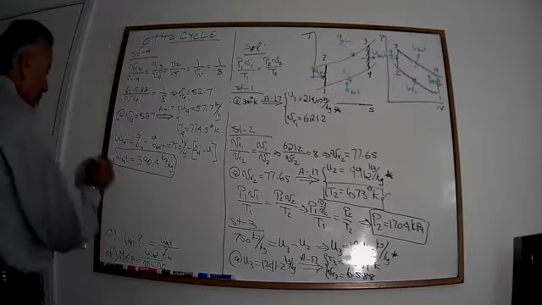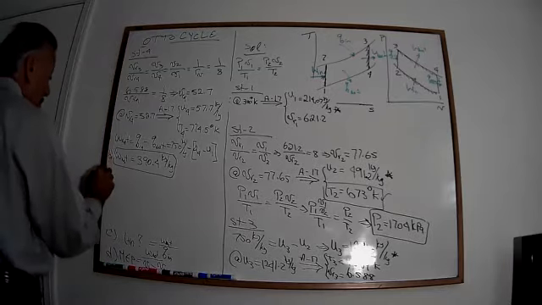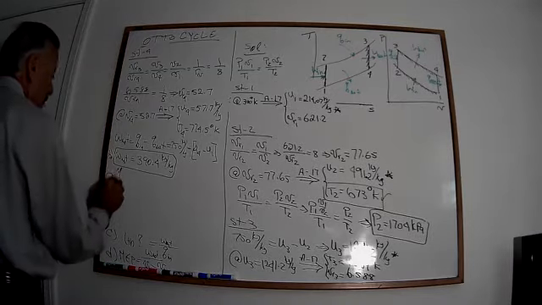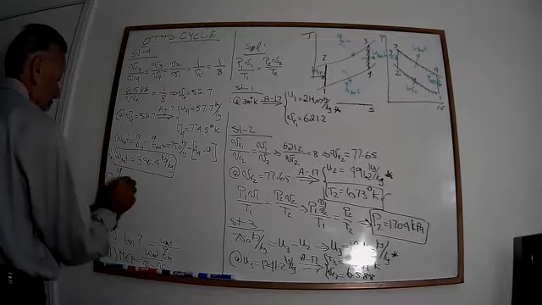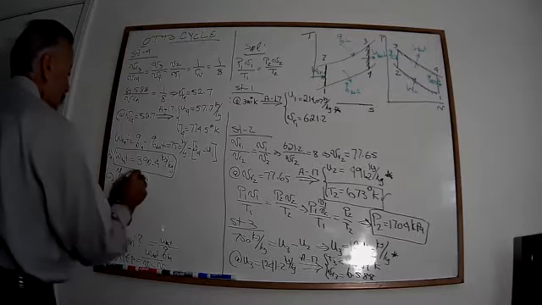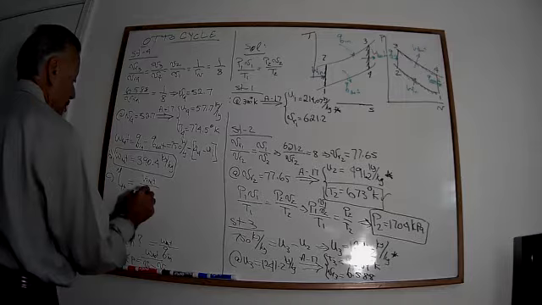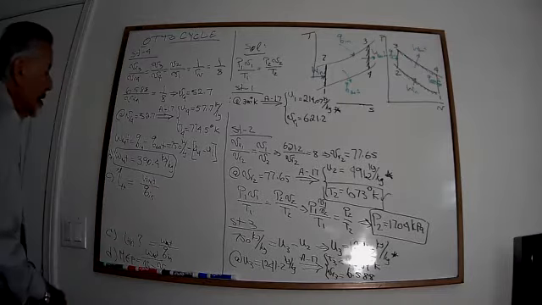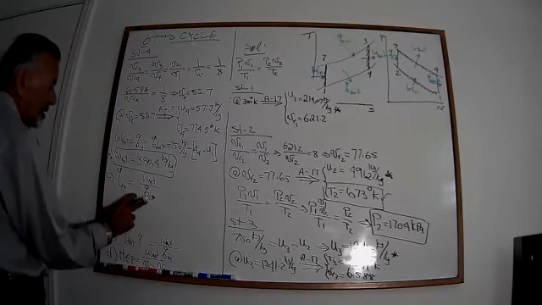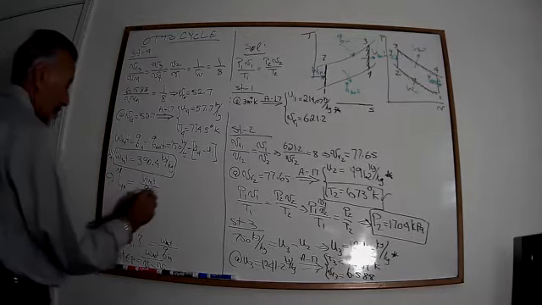Part C is thermal efficiency. That is net work divided by Q in. This is given. This one I just found.